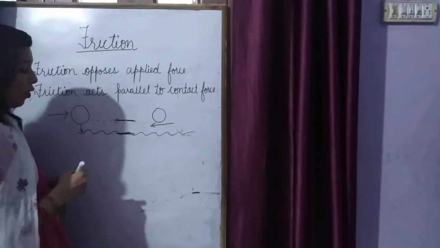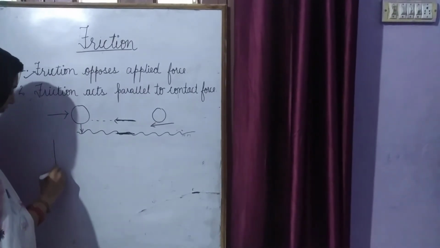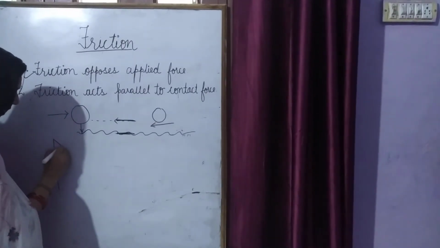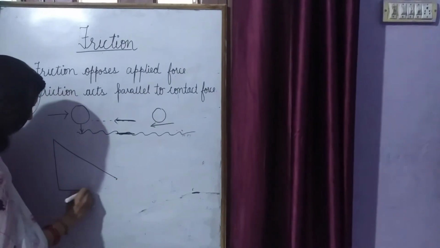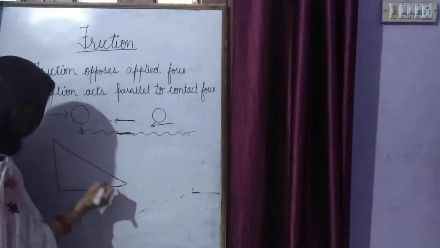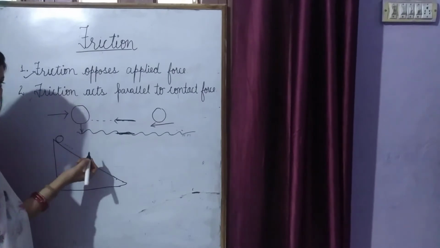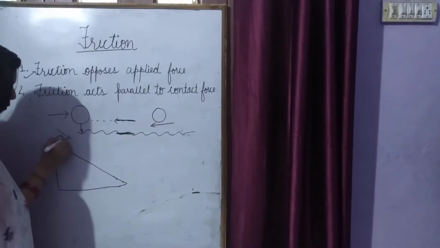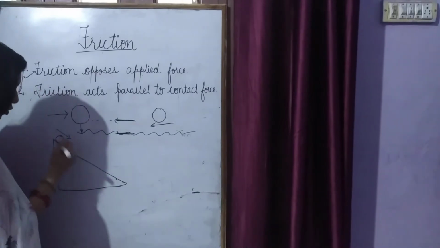Once more, we can take another example. For example, if the object is sliding, suppose this is a ball. If it is sliding, this is the direction of the motion or the applied force. So the friction obviously will be opposite to it.